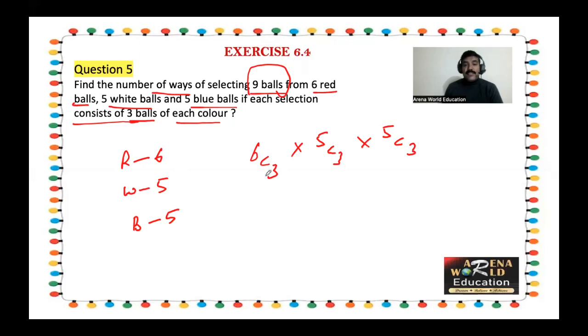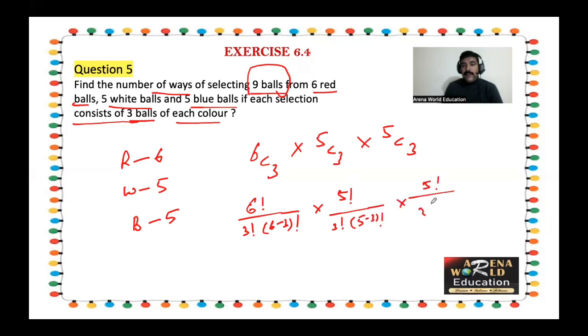So 6C3 will be 6 factorial divided by 3 factorial into 6 minus 3 factorial, into 5 factorial divided by 3 factorial into 5 minus 3 factorial, into 5 factorial divided by 3 factorial into 5 minus 3 factorial.